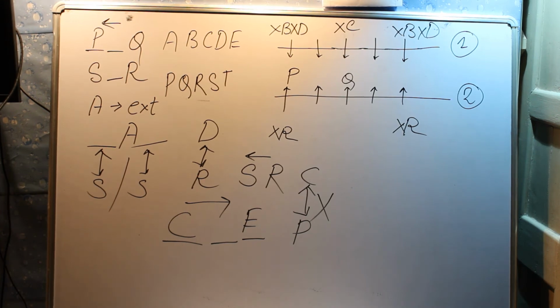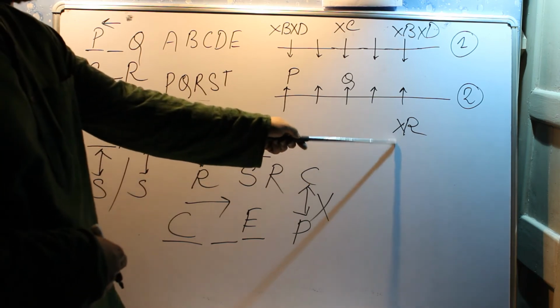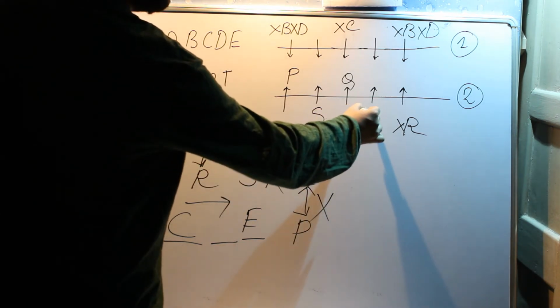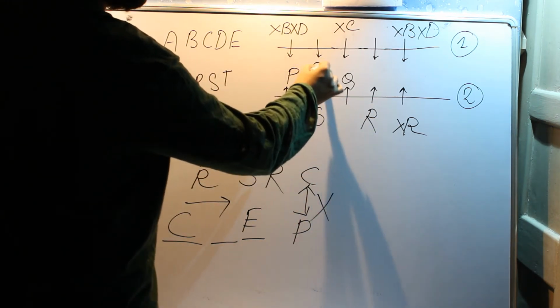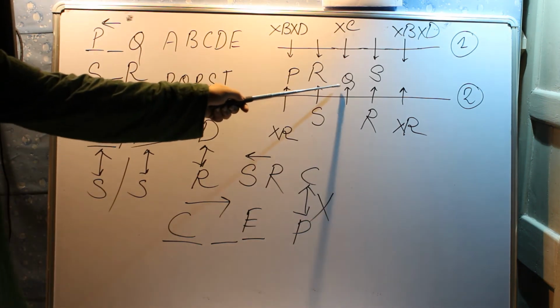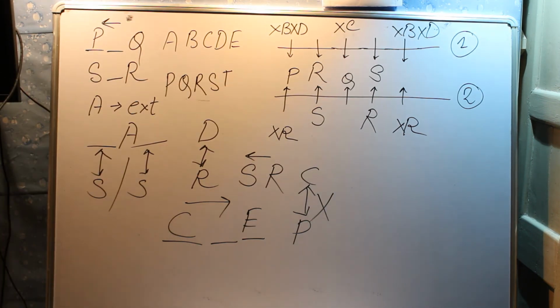Now you see this point, between S and R there is one person, and R cannot be here. So S can be either here and R here, or R here and S here. And between S and R there is one person.